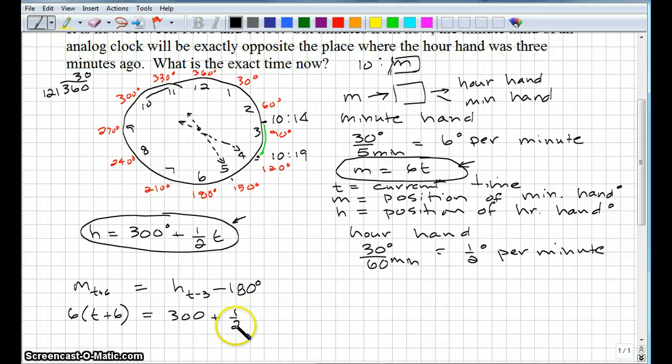So here we have to use t minus 3 in order to get the position of the hour hand 3 minutes ago, and then again it's exactly opposite, so it's 180 degrees less than that. Alright? That all makes sense? So here we have the position of the minute hand 6 minutes from now will be exactly opposite, that's this 180 degrees, the position of the hour hand 3 minutes ago.